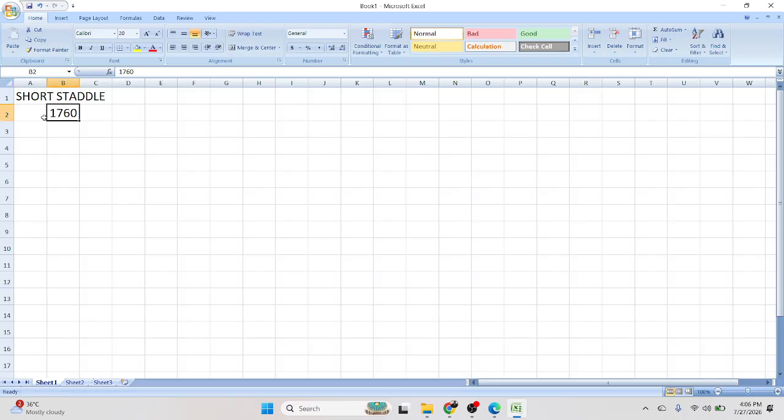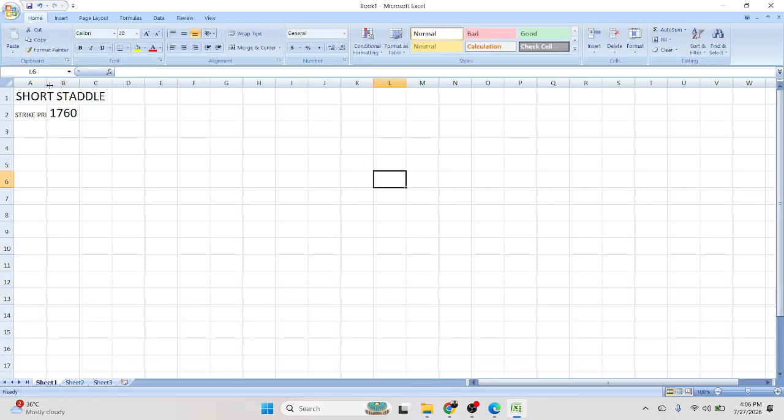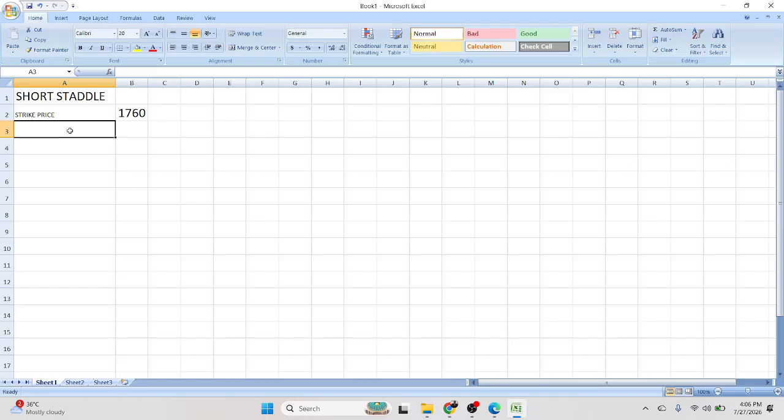This is my strike price. And for the call option and the put option, I need to sell the call, call writing, and also sell the put of the same strike price.